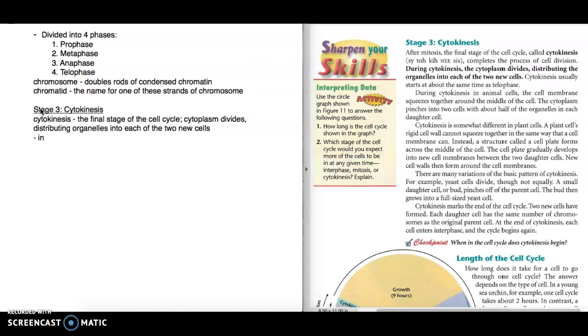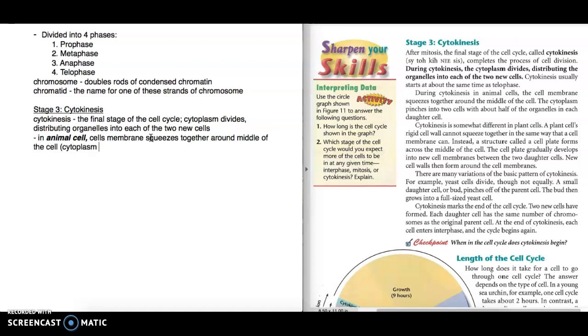So in an animal cell, I'm going to write this in a different font just so that my eye is drawn to it. The cell membrane squeezes together around the middle of the cell.